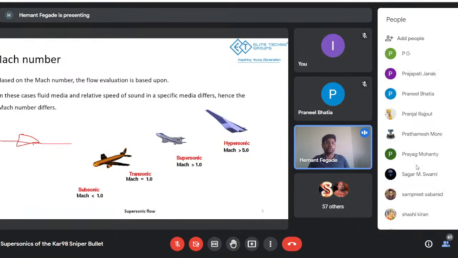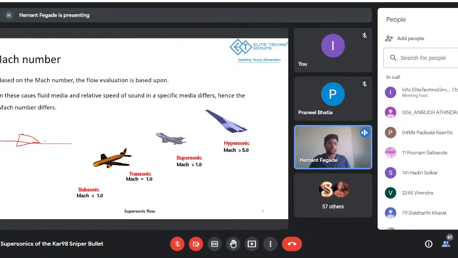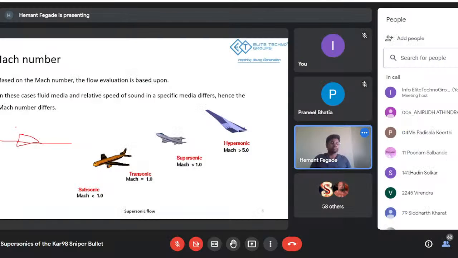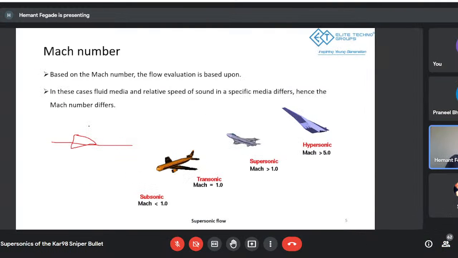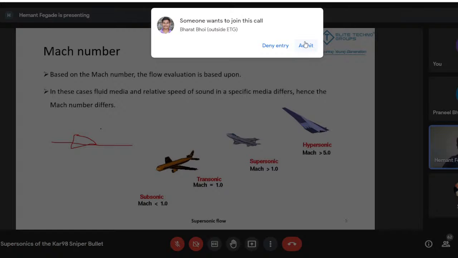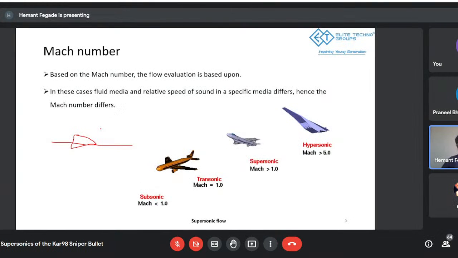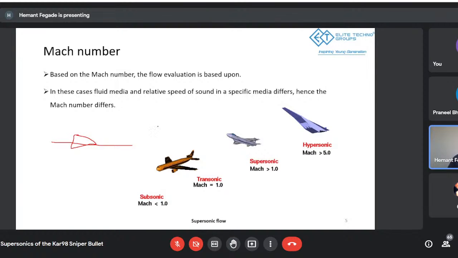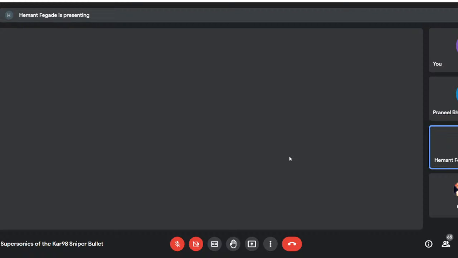It is moving at a velocity below the Mach number, and with that velocity, your flow becomes stable. When it tries to move from the subsonic region to the transonic region, your transonic region is classified between 0.8 and 1.2 Mach number.